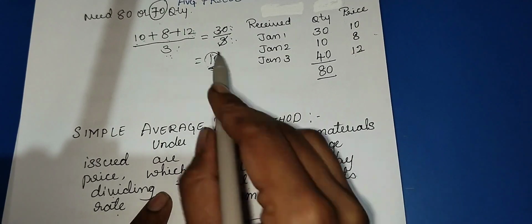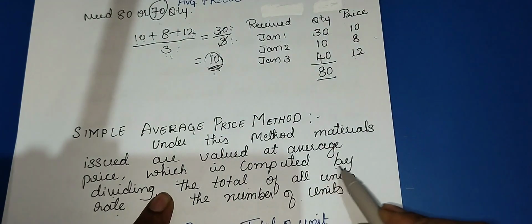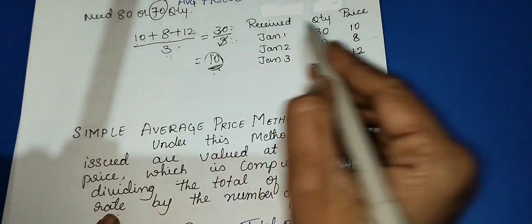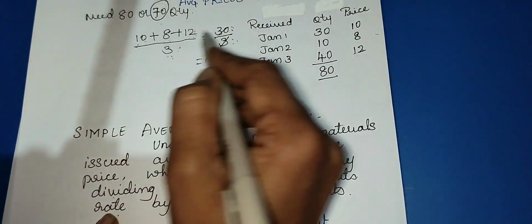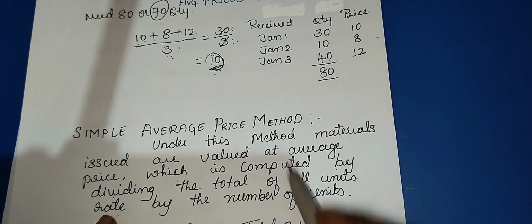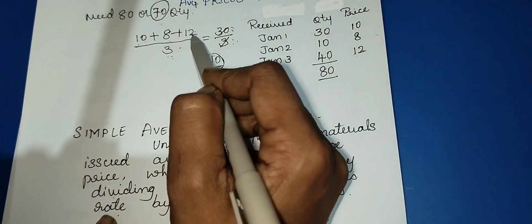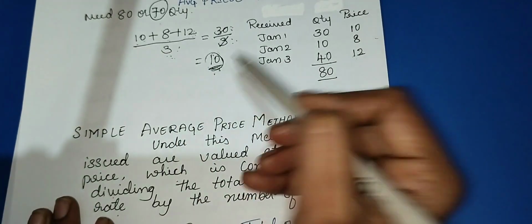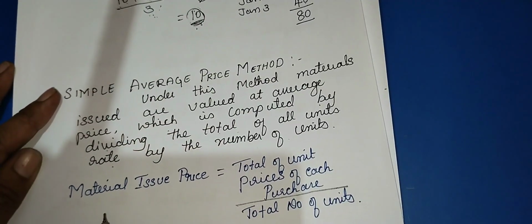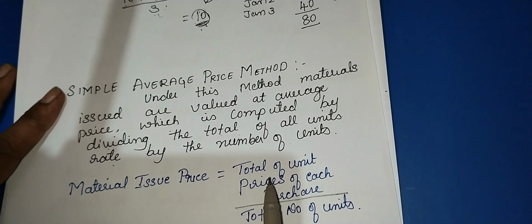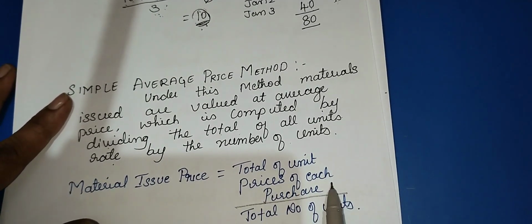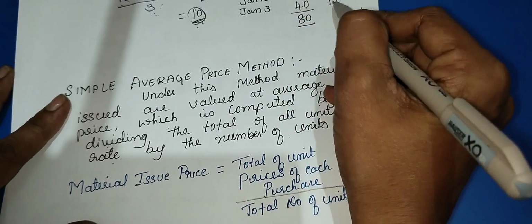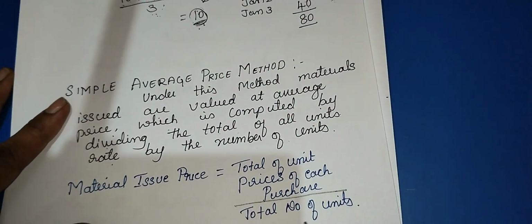This value is computed by dividing the total of all the unit rates by the number of units. The number of rates we have taken is 3, and that total divided by 3 is 10. So the formula is: material issue price equals the total of the unit price of each purchase, divided by the total number of units.